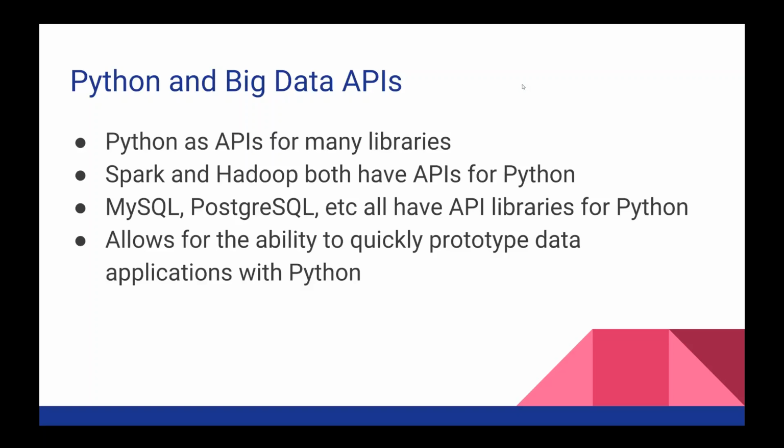You can use your Python API to quickly develop applications with these technologies. Really powerful stuff: you get the best of both worlds, fast development time and the power of these new big data technologies.